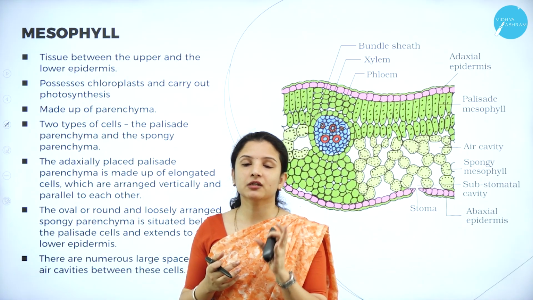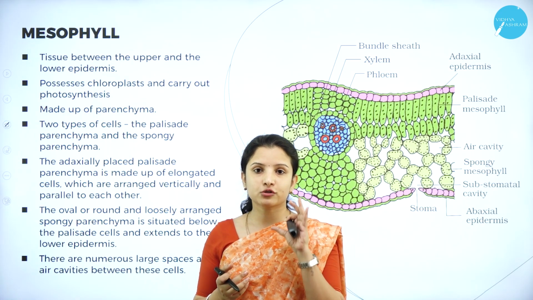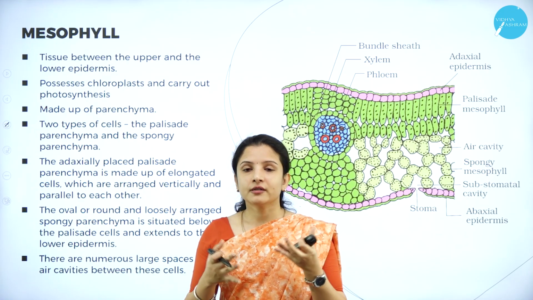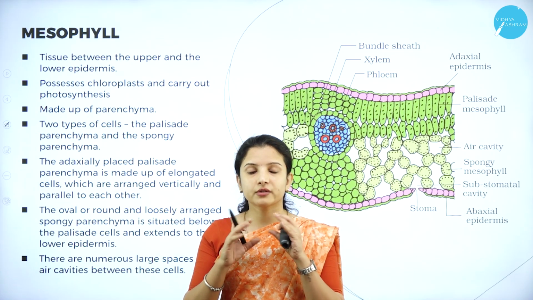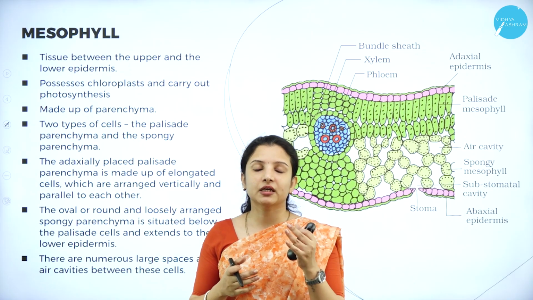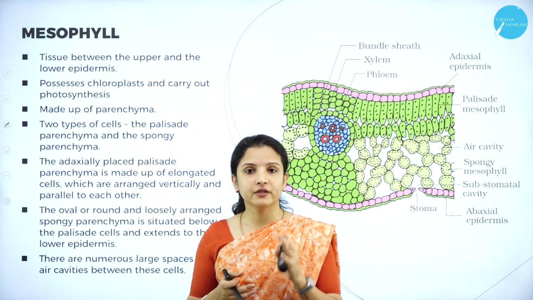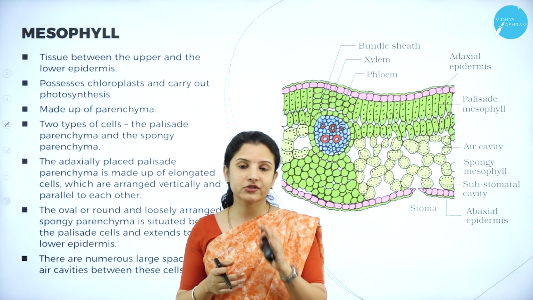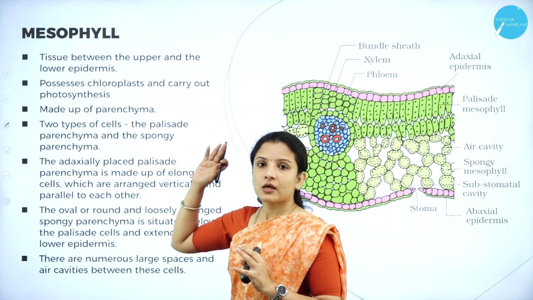So phyll is something related to the leaf, and mesophyll is that portion of the leaf which contains the chlorophyll pigment. So the entire leaf contains the chlorophyll pigment, right? Throughout the entire lamina, or the area of the leaf, it has the chlorophyll pigments. Therefore, it bears the parenchyma cells which have the chlorophyll pigments, called the chlorenchyma. So those regions of the leaf which have the chlorenchyma cells constitute the mesophyll.